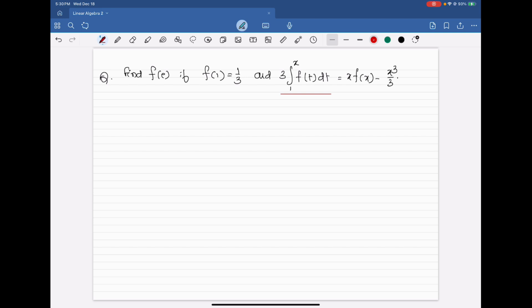Then from the knowledge we acquired from the Leibniz theorem or Leibniz rule, we can say u is equal to 1, a constant, v is equal to x, which implies u dash is equal to 0, v dash is equal to 1.